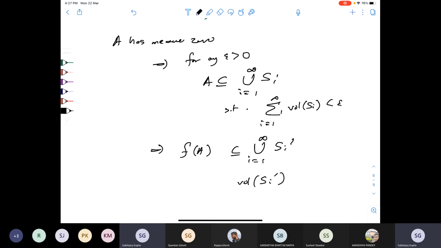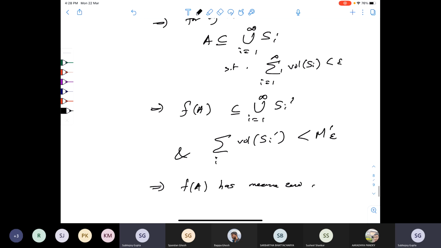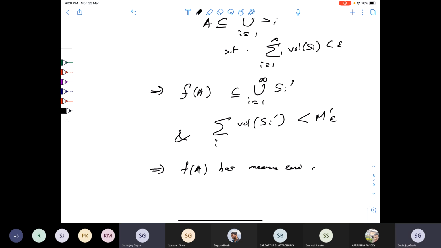So if you add them up, this will be less than M prime times epsilon. And this just means that f(A) has measure 0, because this holds for any epsilon. So for any epsilon, you're covering f(A) with boxes, these S_i primes, whose volume is less than M_i times epsilon.